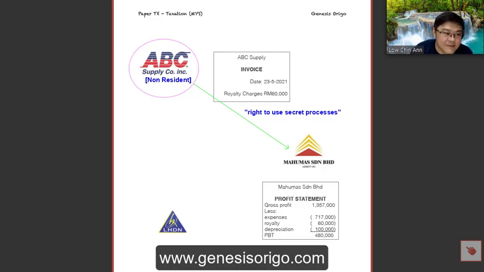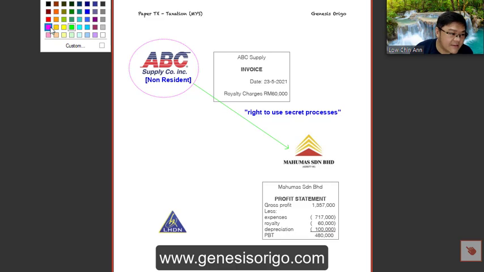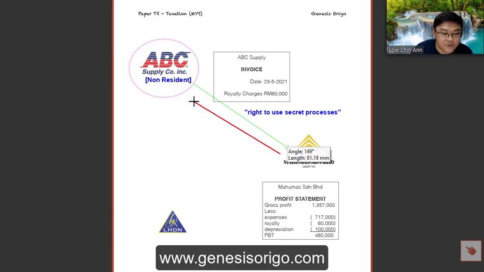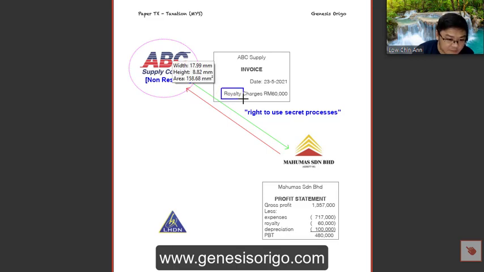And as a result of using their secret processes, you need to pay them, right? So when you make a payment for the use of those secret processes, this is called royalty. Okay, royalty. So ABC now sends an invoice to you and says, okay, you're supposed to pay me 60,000 ringgit for the royalty.